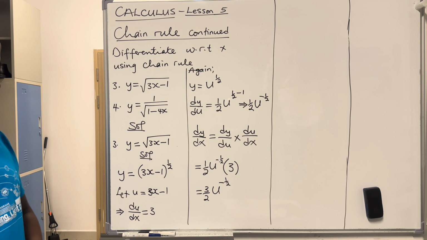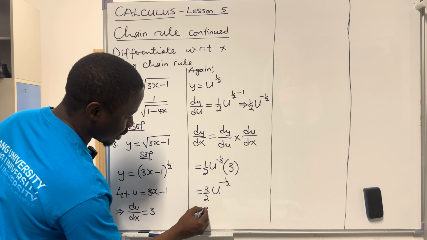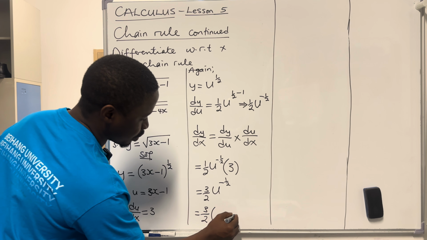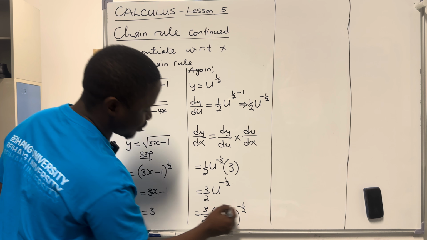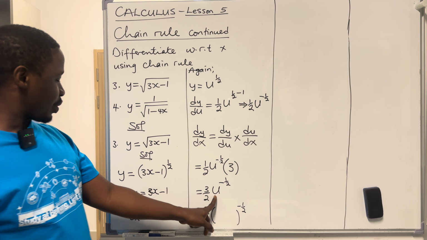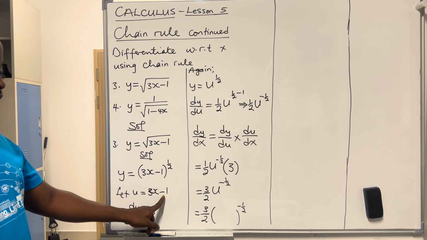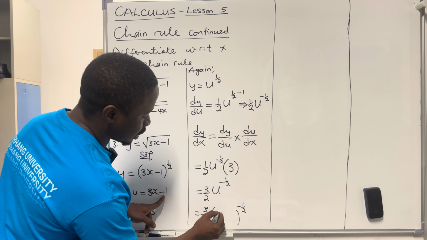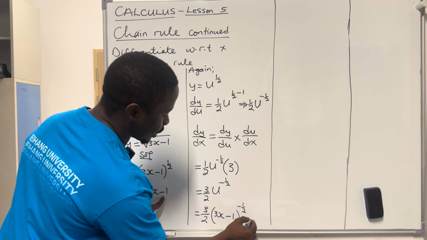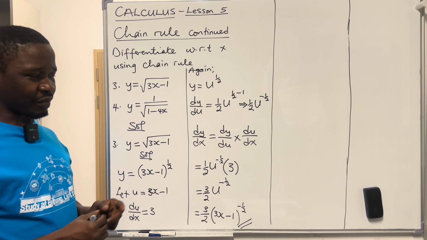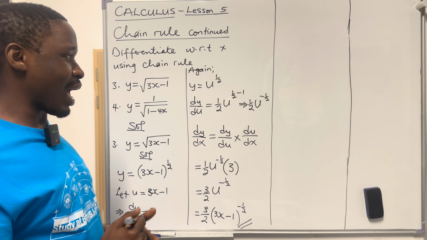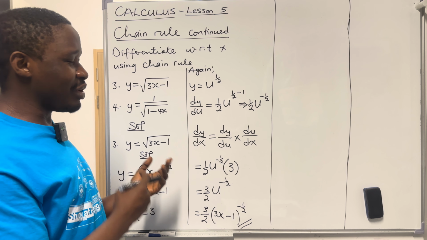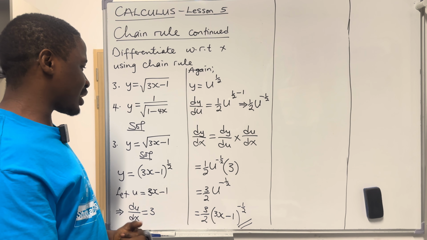So now we are here. We say 3 over 2, this is the space for u, then minus half. So what is u originally? U is 3x minus 1. So this is the result. In calculus, especially differentiation and integration, you need a wealth of experience with indices.